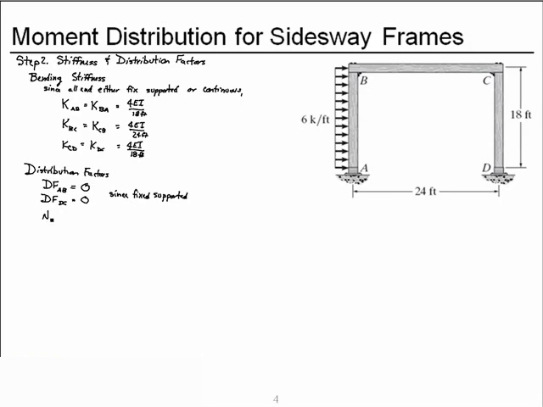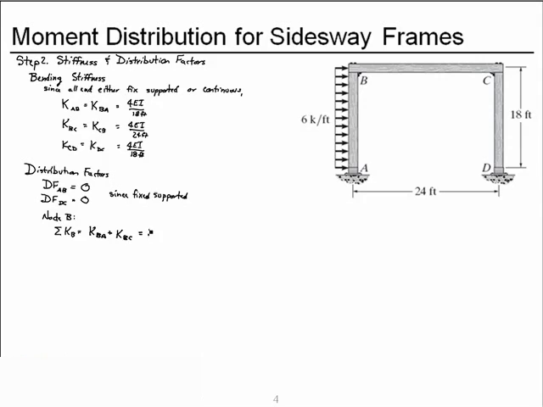Now how about node B? Well, to find the distribution factors for node B, we need to sum all of the stiffnesses at node B. So we have stiffness BA plus the stiffness BC.